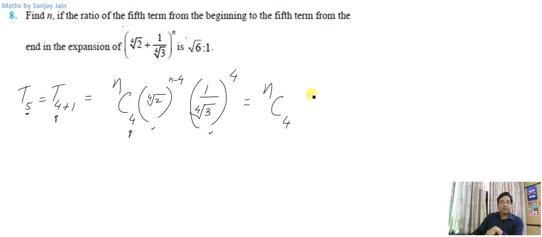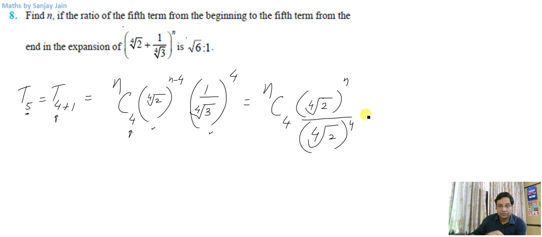All right, so this is the 4th root of 2 raised to power n, divided by the 4th root of 2 raised to power 4. So I'm trying to write it in simplified form. I don't know whether it is required or not, but let us write it anyway. So this raised to the 4th power will give me 3 in the denominator.